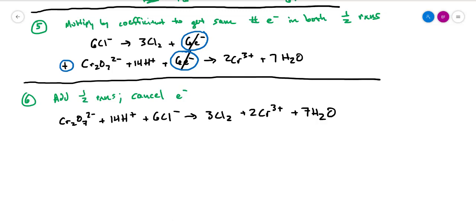And the check is to make sure the charge is equal on both sides. If the charge is not the same on both sides, we did something wrong. So let's go through and add these things up. We've got a minus 2 coming from here. We've got a plus 14 coming from here. We've got a minus 6 coming from here.